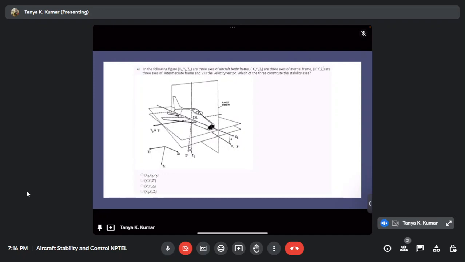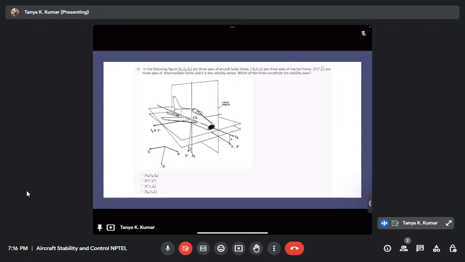Which one is aligned to the velocity vector v? The x dash.